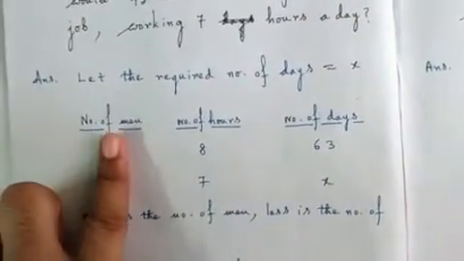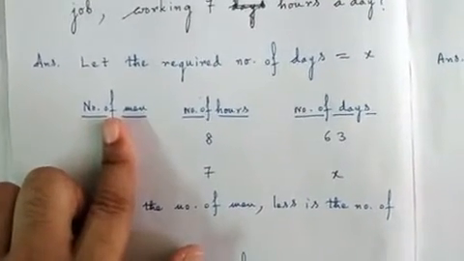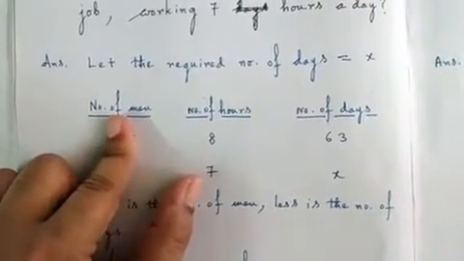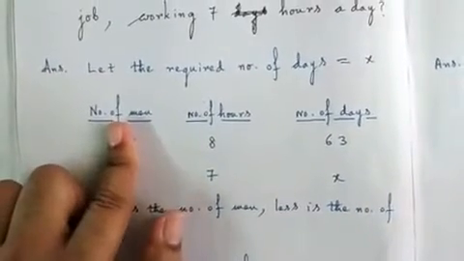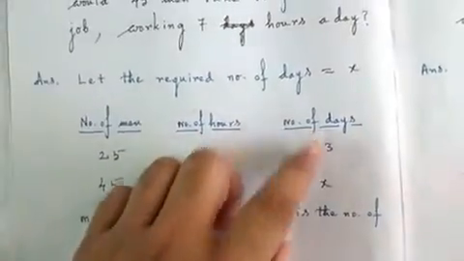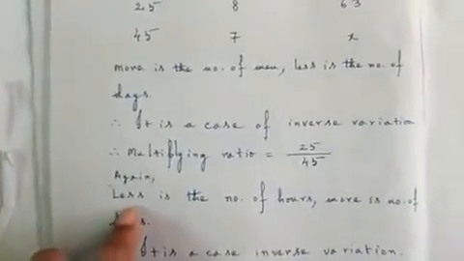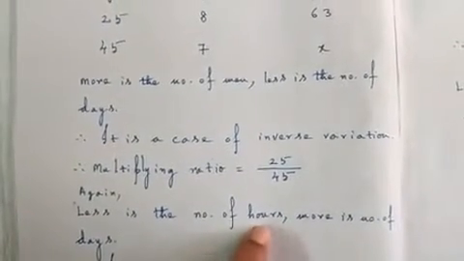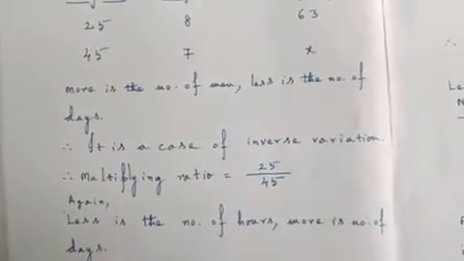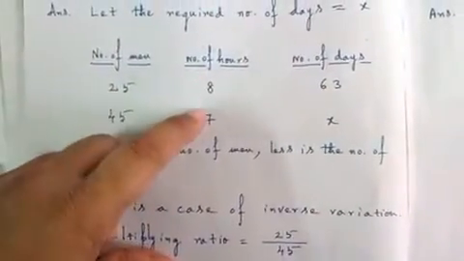One man here takes 7 hours a day and completes the job in more days, because the number of hours is less per day, so that man would need more days. So this is decreasing, but this is increasing. Again, inverse variation between these two. So less is the number of hours, more is the number of days. Multiplying ratio 8 by 7 directly, no reciprocal here because it's inverse variation.